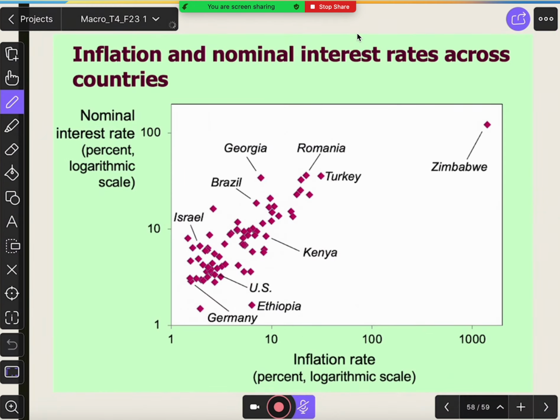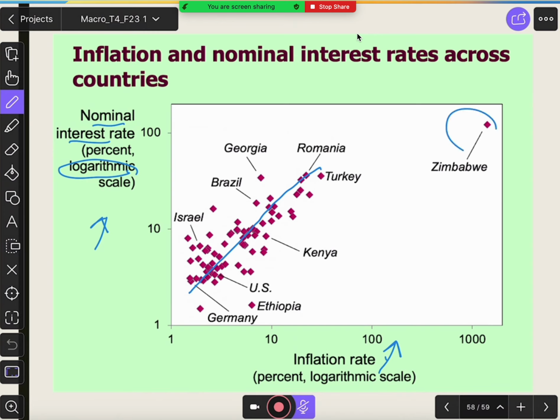Also, when you look at a cross-sectional study, this one is about the nominal interest rate, and again, it's in log. As you can see, this is inflation and this is the nominal interest rate. By just trying to fit a line here, you can see it's a positive relationship. As the inflation rate increases, the nominal interest rate follows with an increase.